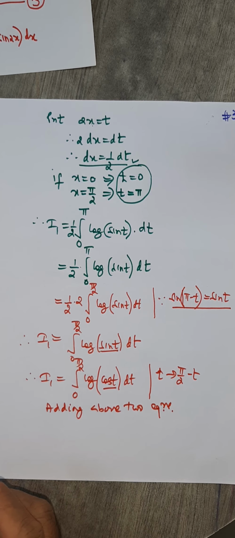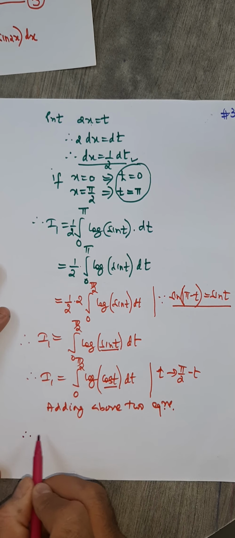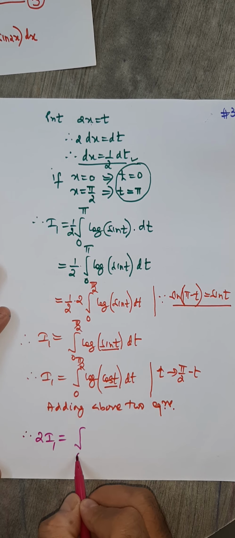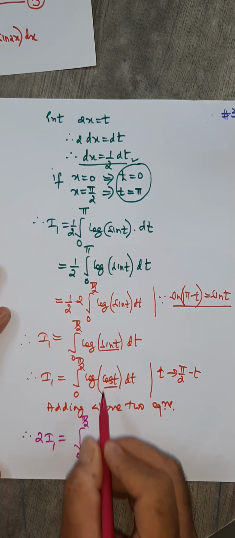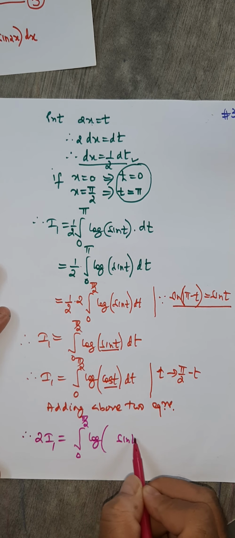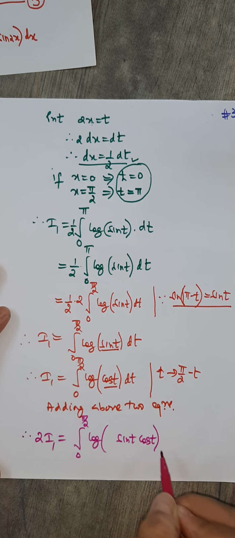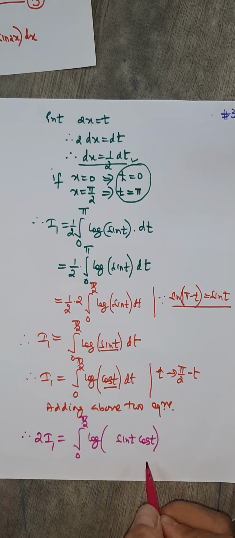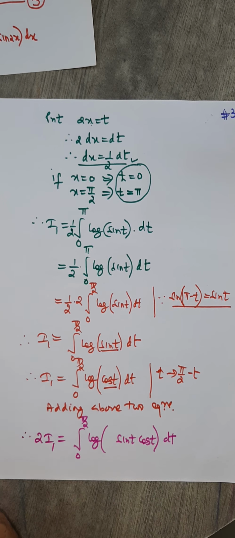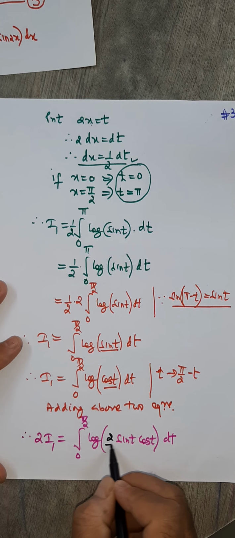Let's add above two equations. If I add above two equations, what is left hand side? It is 2I1, I1 plus I1, 0 to pi by 2. If you add these two, here you have sin t into cos t dt.